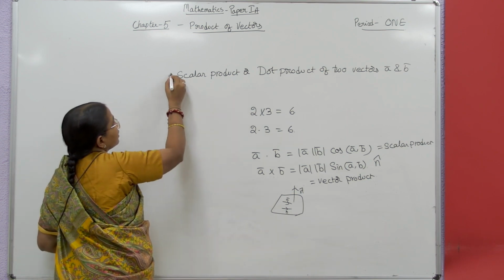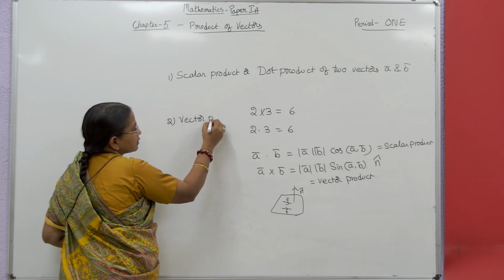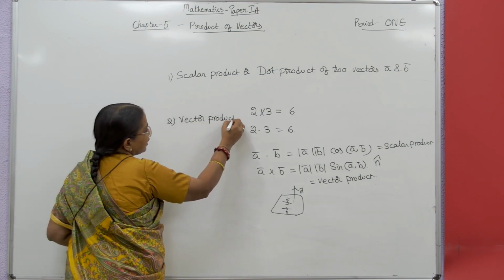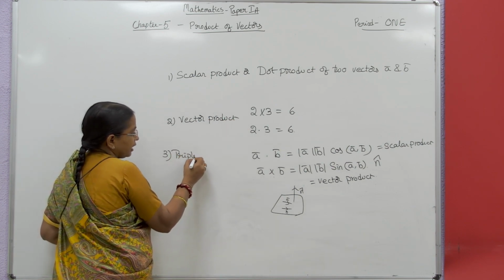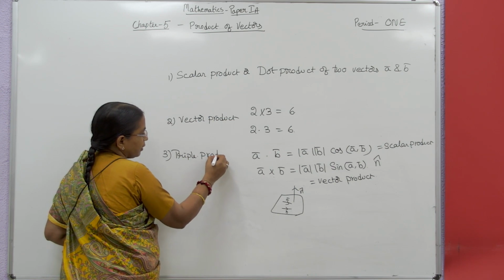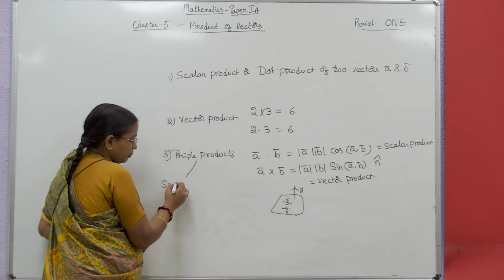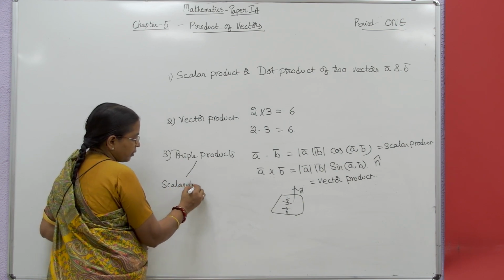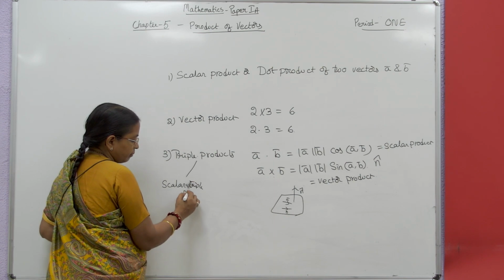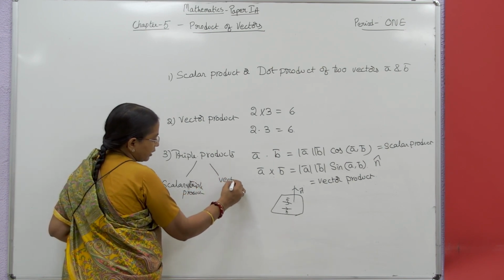Second topic is vector product of two vectors, and then we'll define triple products between three vectors. In this you have scalar triple product and vector triple product.